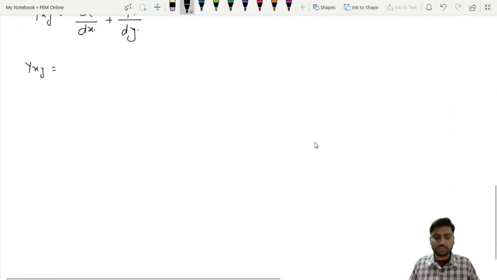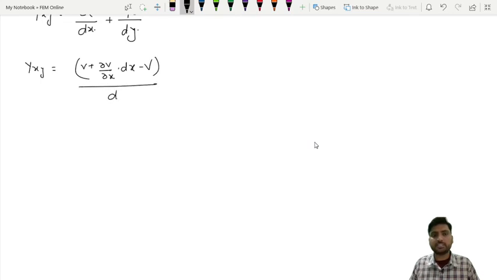So here for gamma, v plus del v upon del x into dx minus v, upon dx. This is alpha by dx plus beta. So beta is nothing but u plus del u upon del y into dy minus u, upon dy.